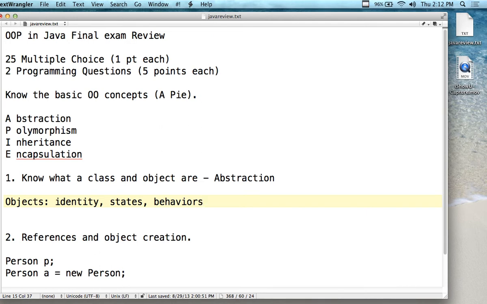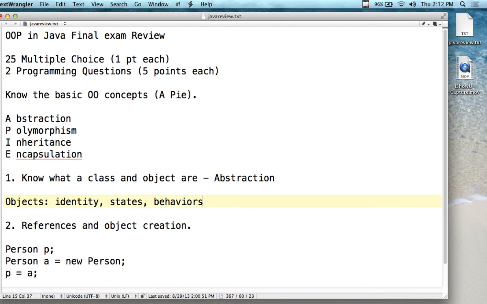Identity is the name of the object. The states are the data members that the object is holding on to. The behaviors are the methods. So going back to PLC, objects from object orientation are abstract data types. So an object has both data and a process abstraction associated with it. The data abstraction is the states. The process abstraction is the behaviors. So objects have both.